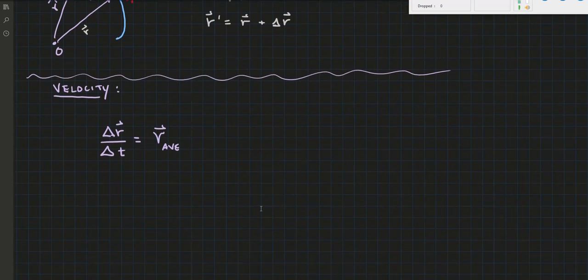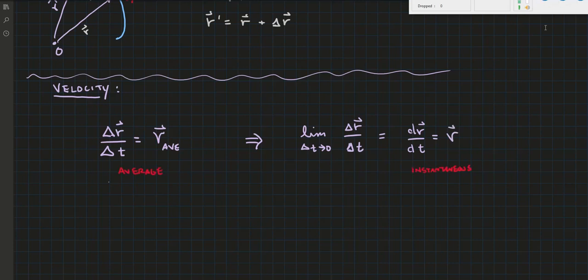So, of course, this will lead to us taking the limit as delta t approaches 0 of delta r over delta t. And we define that as our derivative of the vector r with respect to t, and we call that our instantaneous velocity versus our average velocity.